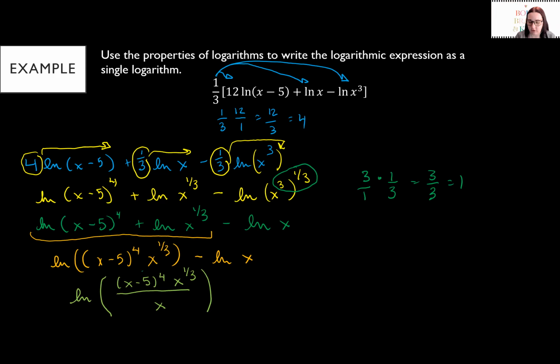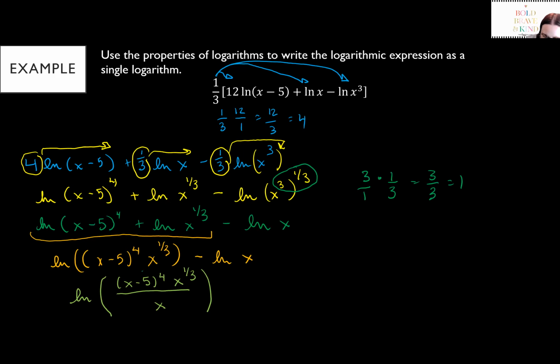And I'm going to move to a new slide here because I'm definitely going to need more room than what I've allotted myself here. So we've got our natural log, and we've got the x minus 5 to the 4th.